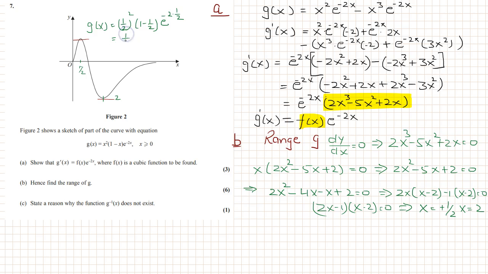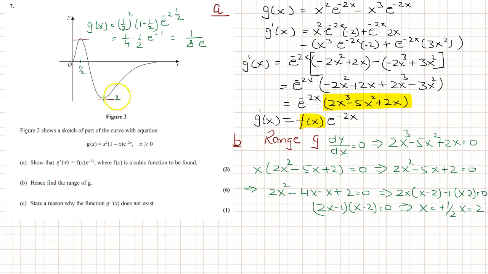So that will be 1 over 4, 1 over 2 e to the power minus 1. So that is 1 over 8e.